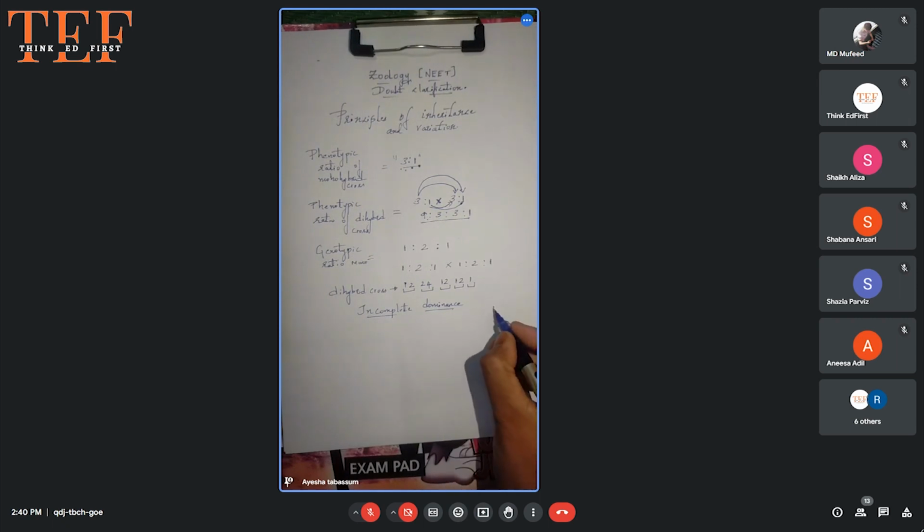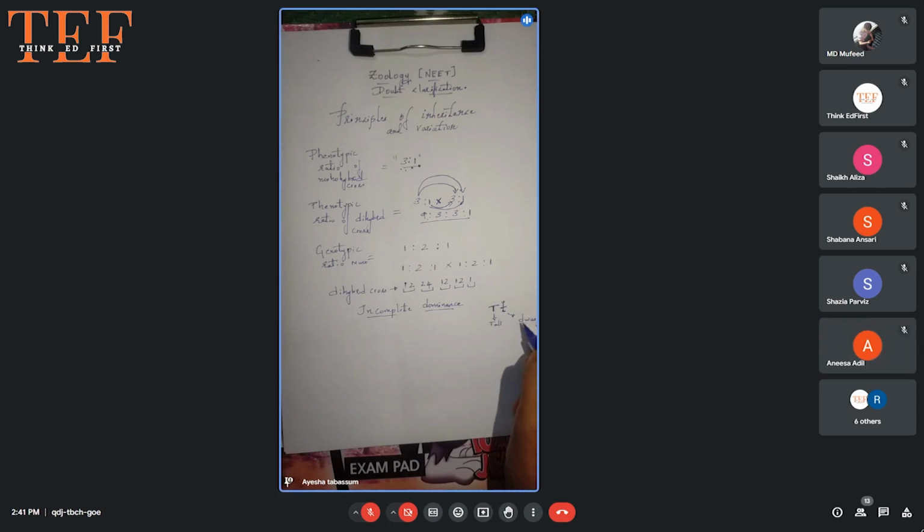For example, if along with the dominant gene capital T, small t is present, capital T is for tallness and small t is for dwarfness. If the plant has these two genes, which character will be expressed? The F1 hybrid is tall or dwarf? Tall.